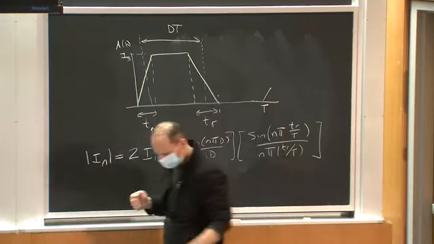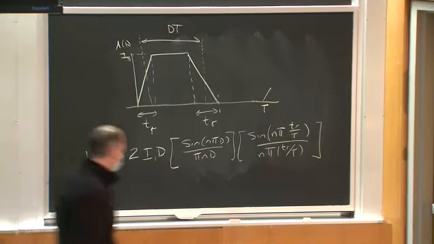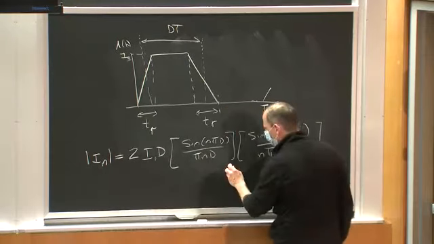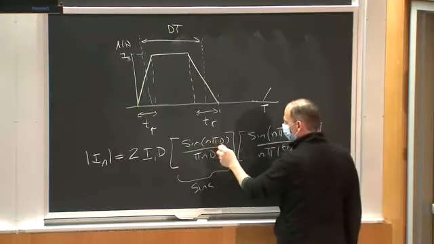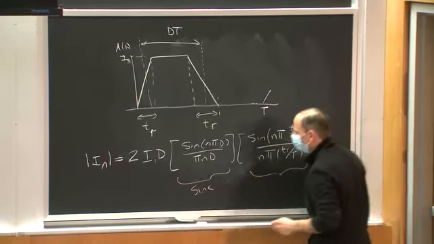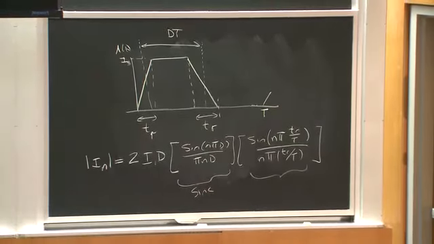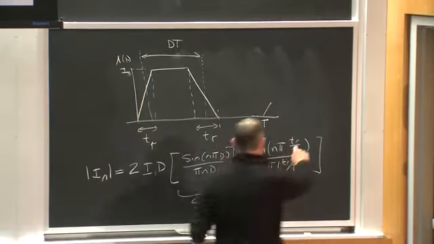Okay? So why am I raising this? Each of these is a sinc function, right? This is a sinc function in terms of the duty ratio, and this is a sinc function in terms of the percentage rise time.